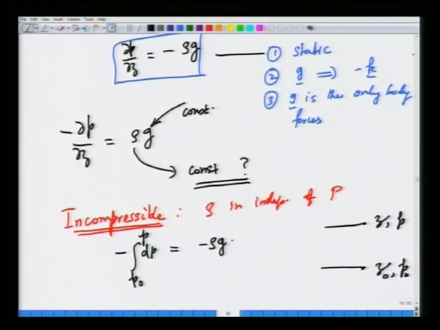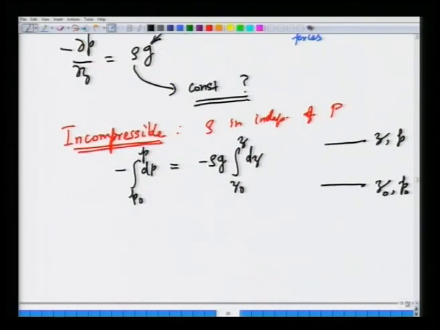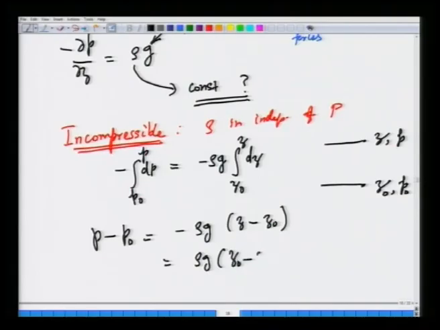Since rho is constant for an incompressible fluid, I integrate from z naught to z dz. So, p minus p naught is minus rho g times z minus z naught, or equal to rho g times z naught minus z.